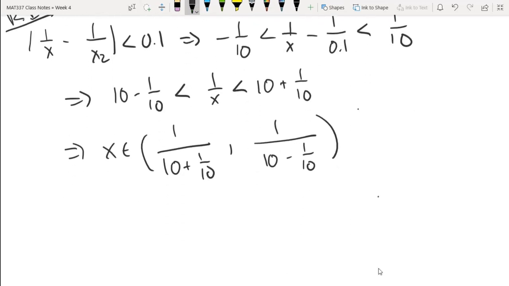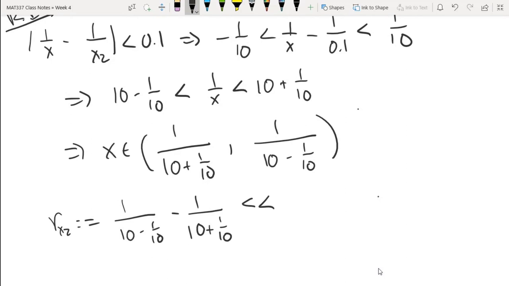So R for x2 would be equal to this, which is much smaller than 1 over 11.